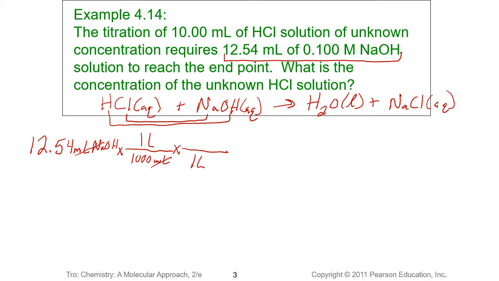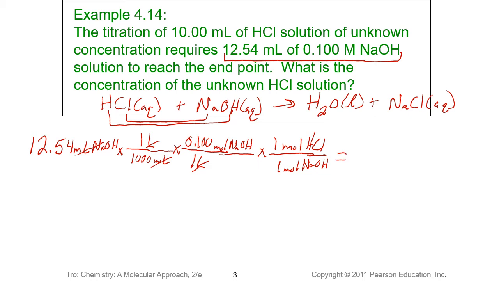So 1 liter of solution is 0.100 moles of sodium hydroxide. Remember that capital M is moles over liters. Now that I'm in moles of sodium hydroxide, I can compare it using my balanced chemical reaction. So 1 mole of sodium hydroxide reacts with 1 mole of HCl from our coefficients.